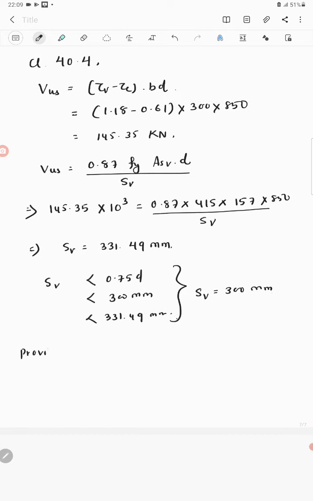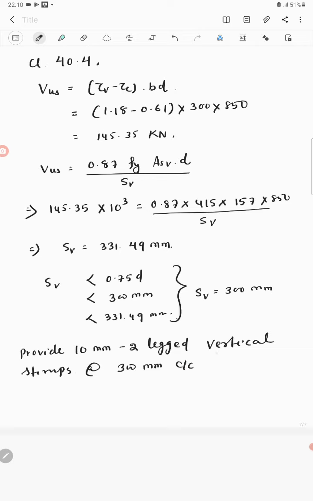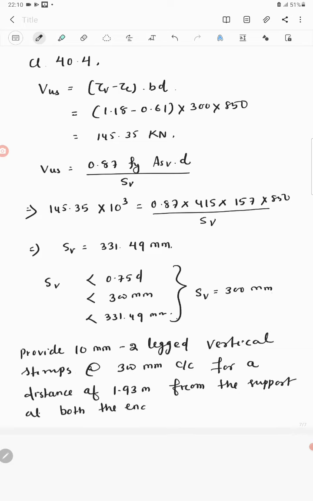So let's provide 10 mm 2-legged vertical stirrups at 300 mm center to center for a distance of 1.93 meter from the support at both the ends.